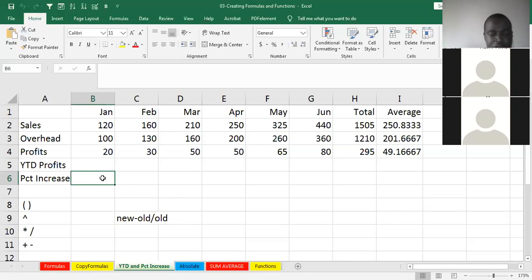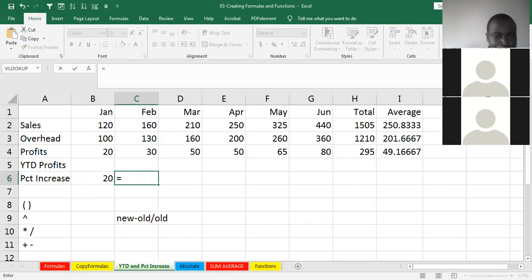So now if you go to percent increase here, for January there is no change at all, so we are still going to retain that 20. The percent increase in January, because you are not comparing 2 months, is still going to be 20. Then the percent increase in February is going to be equal to the new amount minus the old amount divided by the old amount.